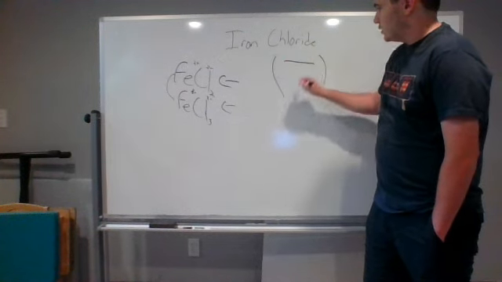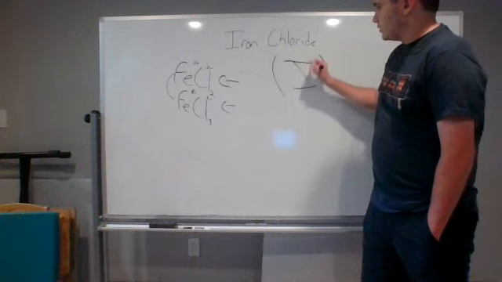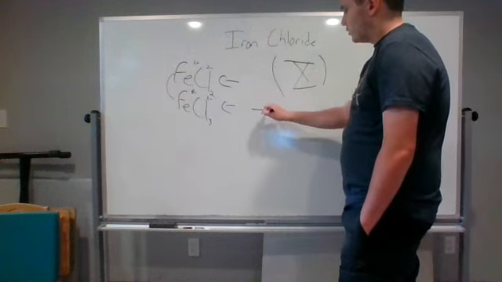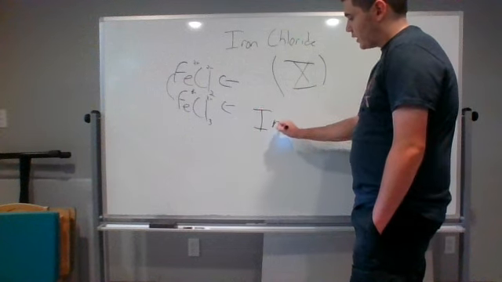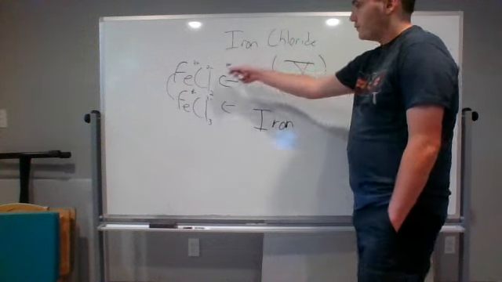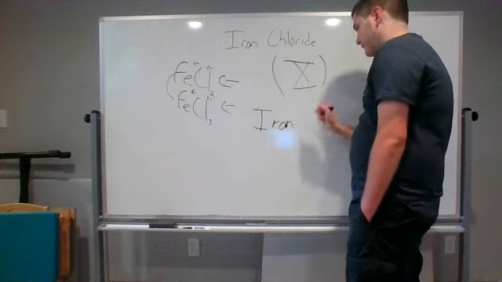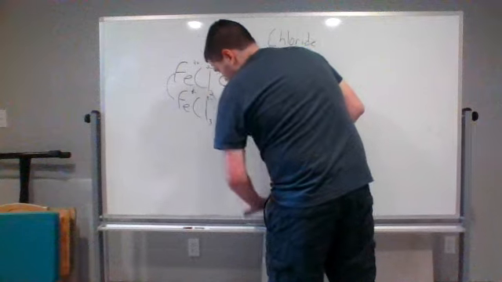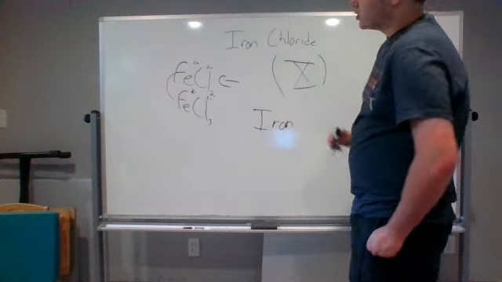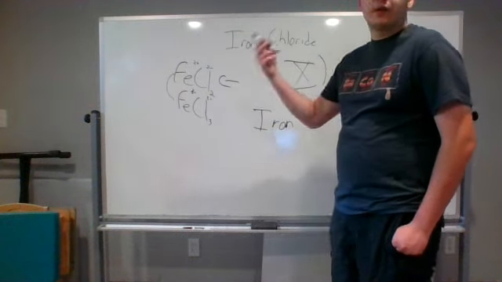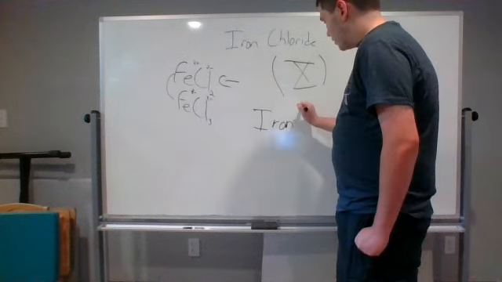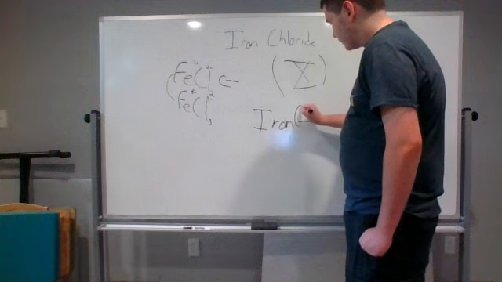Parentheses, Roman numerals are your friend. So you write out iron, and iron's first because, again, it's the cation. Let's say we're going after this one. Let's say we want to write iron chloride. Open parentheses.